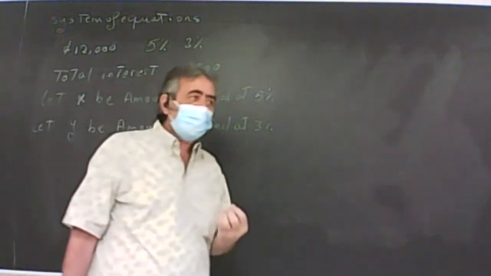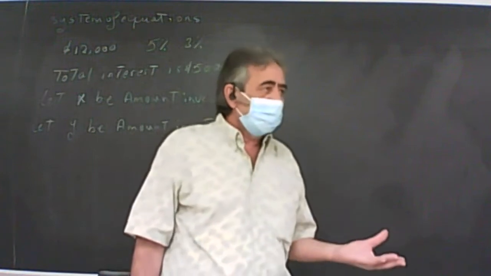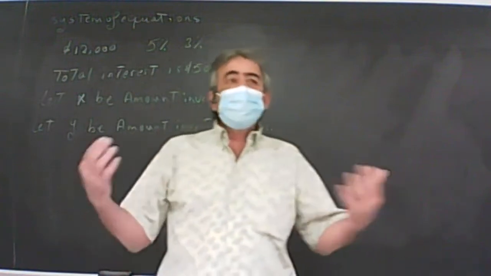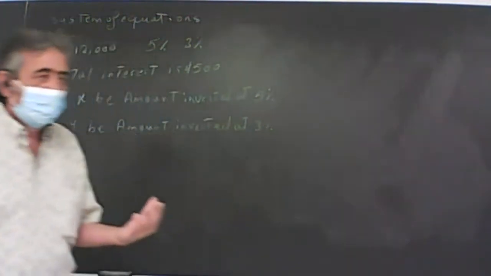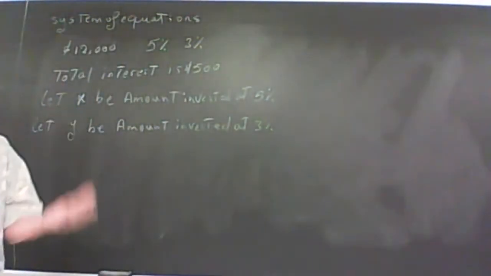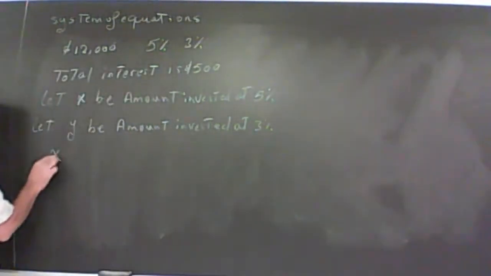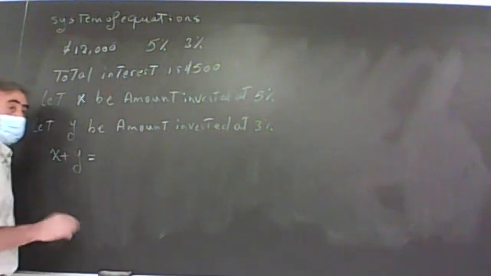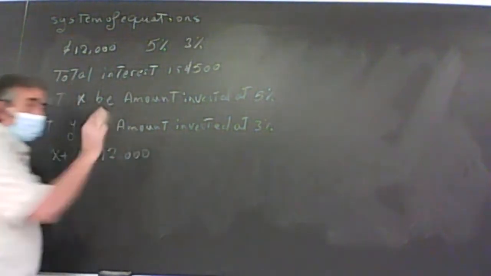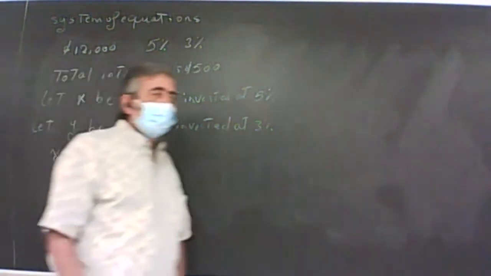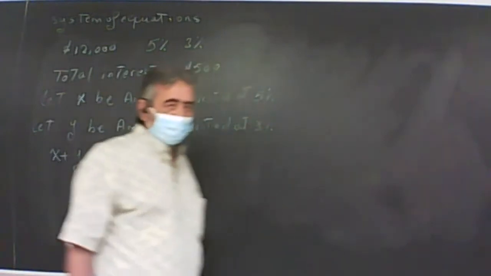Let's think about those numbers for a second. What does the $12,000 represent? The 2 numbers combined, right? What are those 2 numbers? The x and y. So equation number 1: x plus y equals 12,000. Clear?